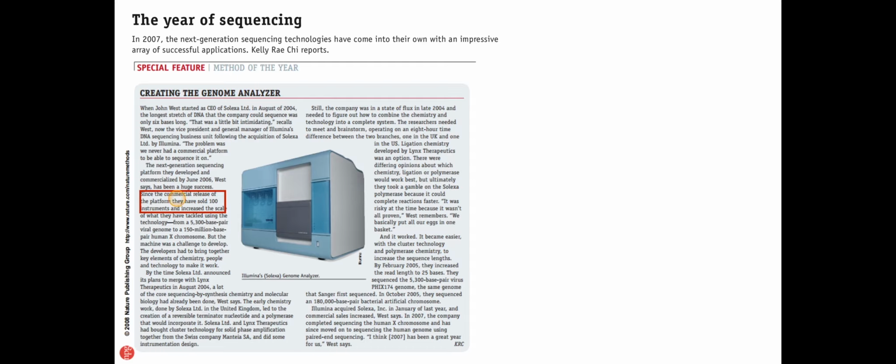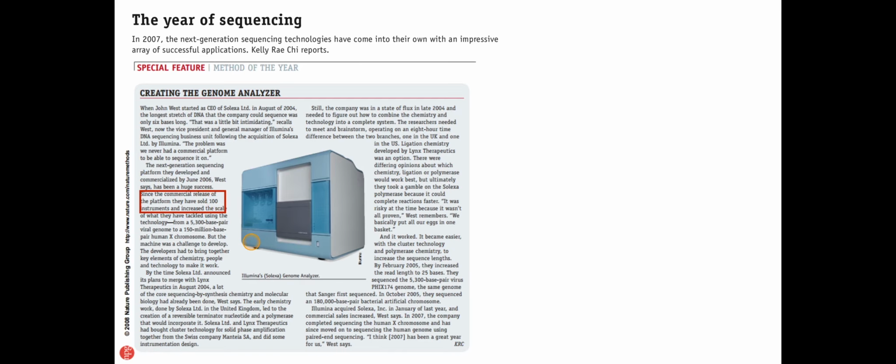So since the first commercial release of the platform, they have sold 100 instruments. 100 instruments. I mean, that's a number that would be reasonable to have in a university, much less a country or globally.